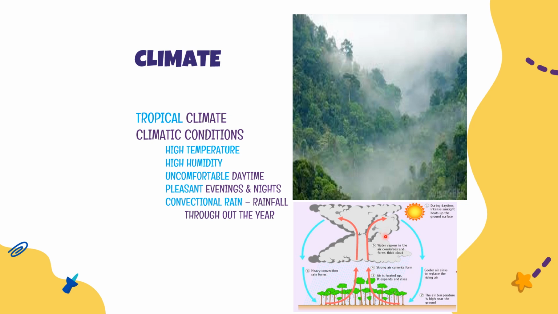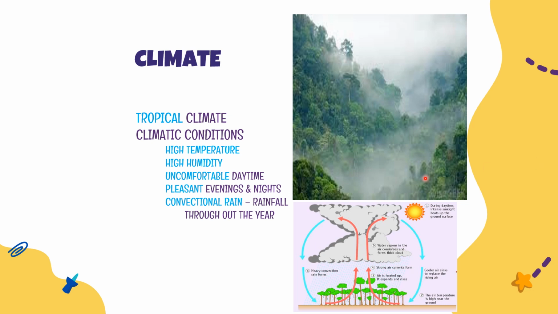The air contains humidity, I told you, right? Humidity means moisture content. When the air along with the moisture rises up, it turns into water vapor and forms a thick cloud. When the clouds go higher and higher, condensation takes place. And then after condensation, heavy rainfall occurs in this region. So this is called convectional rainfall.